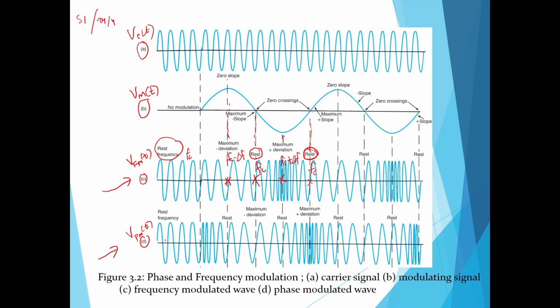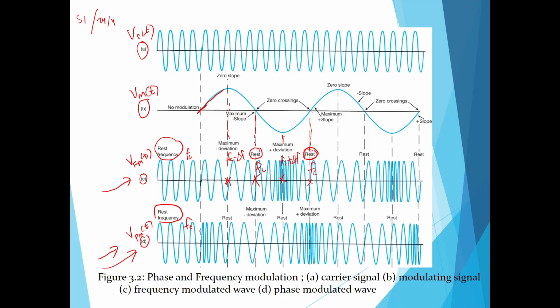Okay, it will be slightly different. You're going to see that from the beginning, picture D, graph D. At the beginning, the carrier will be at rest frequency, Fc. You're going to see that the input is moving from zero towards the positive peak.